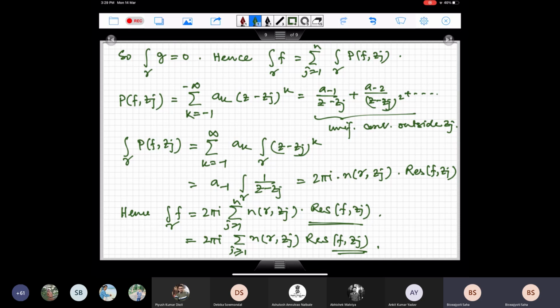So all you need to see, while calculating an integral of a function which perhaps has some kind of singularity, is the singularities of that function inside the curve that you have drawn.